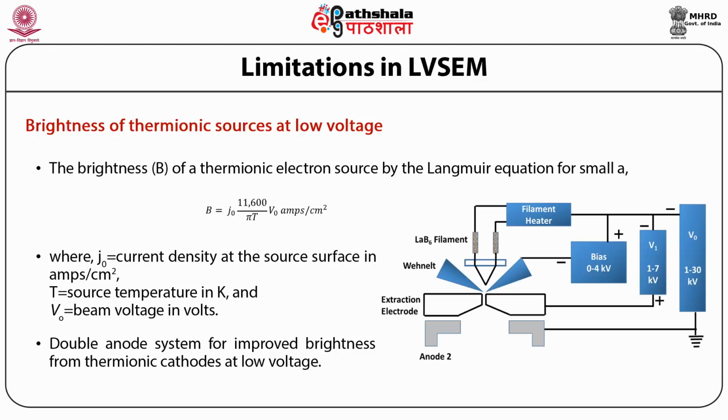From equation 1, low voltage V0 operation produces reduced brightness, but in practice, the brightness actually obtained is even lower than the value estimated from equation 1, because this equation is only valid in the absence of space charges near the cathode surface.